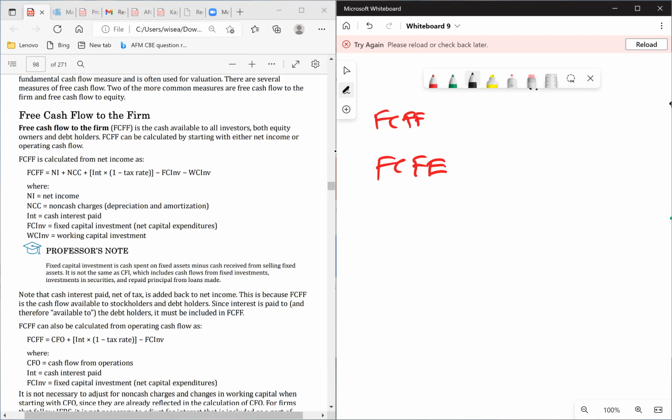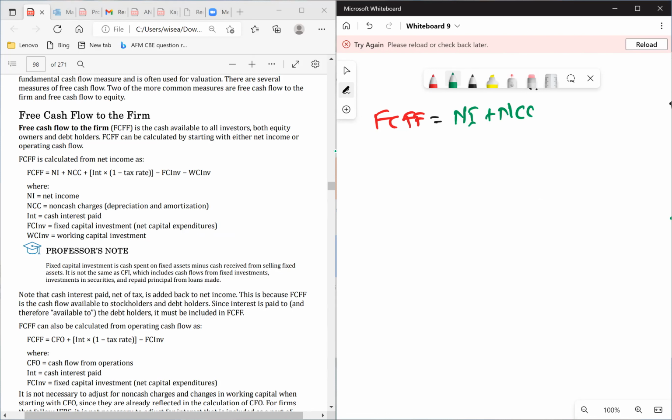For the free cash flow to firm, there are two ways. You can start from net income, then you add all the non-cash charges: depreciation, amortization, those that were not actual cash.